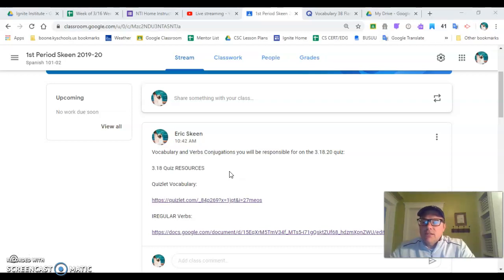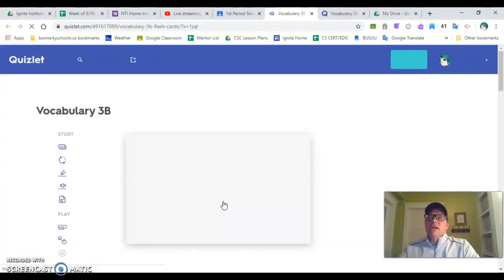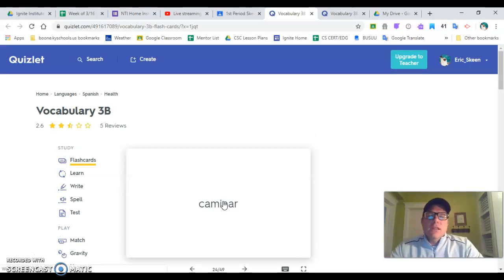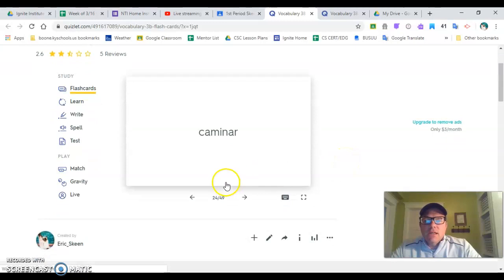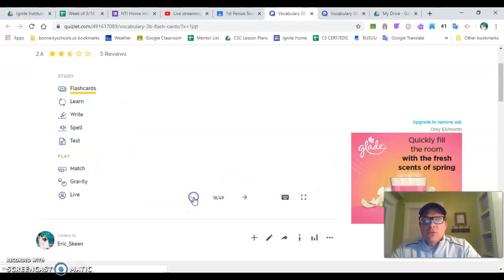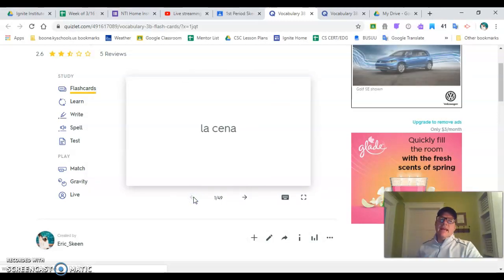However, let's take a bit of a look at the vocabulary that we see here. And let's just click on our Quizlet link. If you happen to remember, you've definitely got a wide variety of vocabulary words. We can blast through these things, much the same way that we would in class.